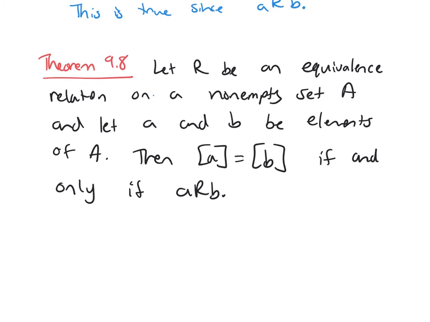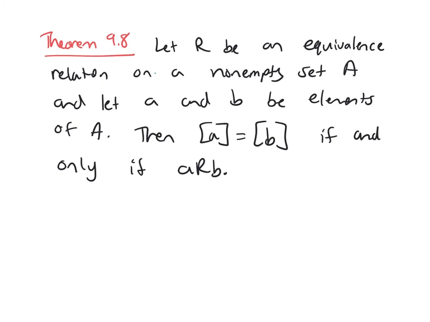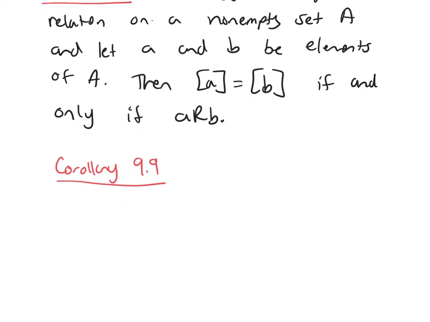So you might ask, do the equivalence classes have to be equal? Could they have elements in common but not be the same? And the answer is no. If they have anything in common, they have to be equal to each other. So that's Corollary 9.9, and I'll write what it says.